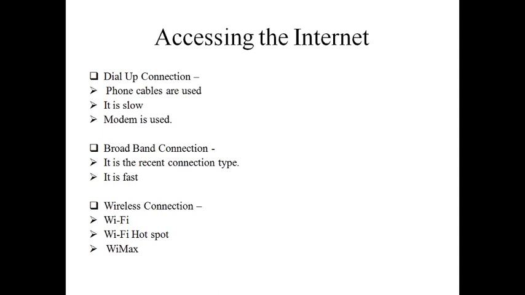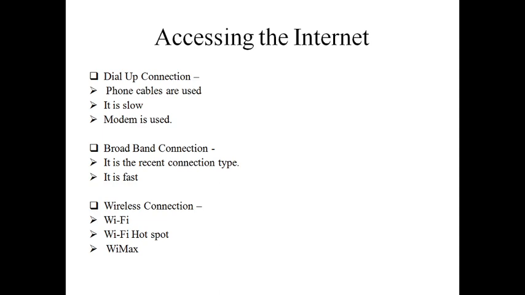Let us see what is broadband connection. Broadband connection is the fastest type of connection and it is the recently used connection type. It also requires modem to connect to the internet and it has higher speed in downloading and uploading speed.